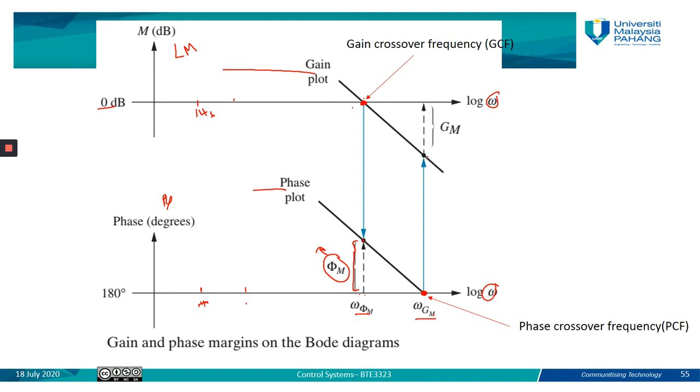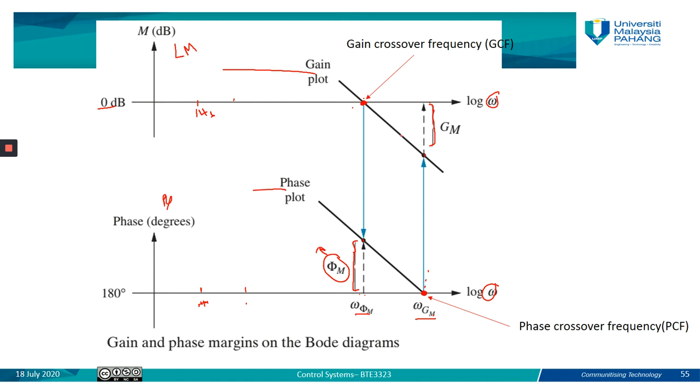Then from the crossing of the phase plot with the 180, we draw another line to the top, and this interval represents the gain margin value, which is the difference between the 0 dB and the plot of our gain or log magnitude value.